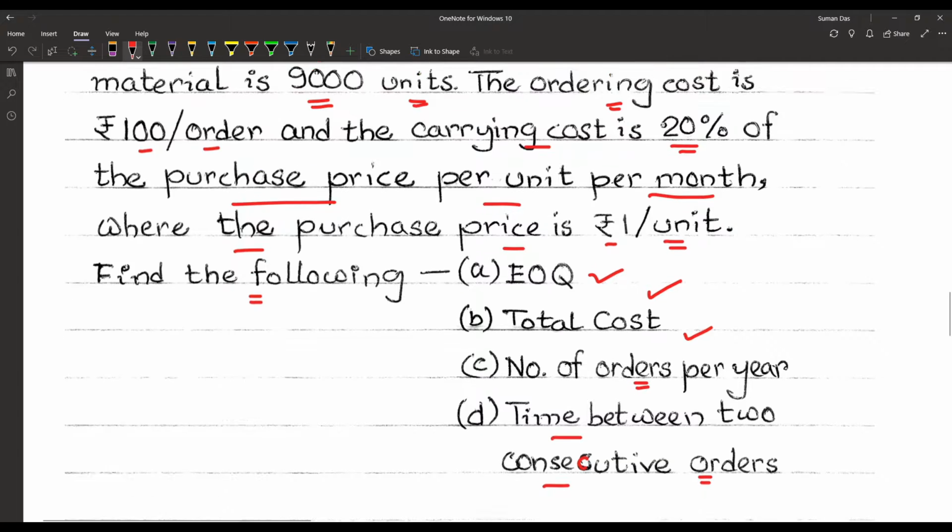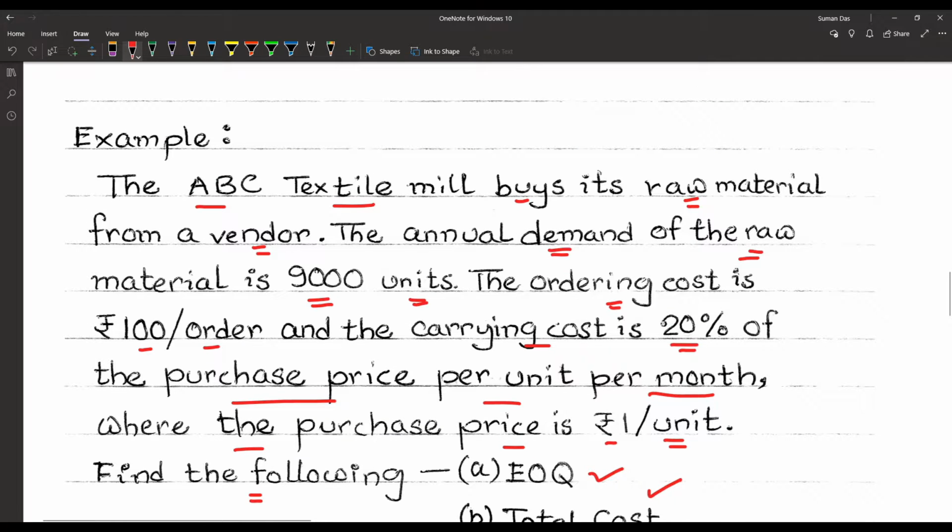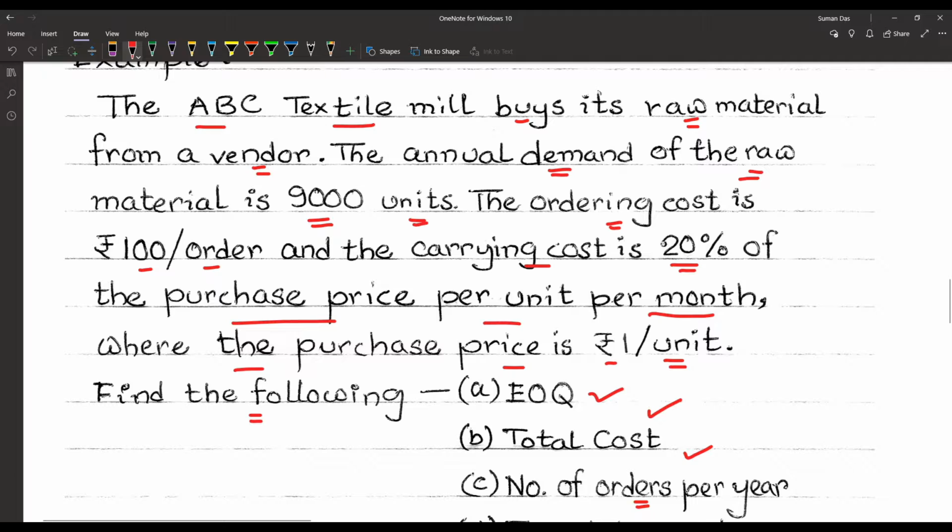Let's first check whether the problem falls in the category of model 1A or not. The ABC textile mill buys its raw material from a vendor. The annual demand of the raw material is 9,000 units.